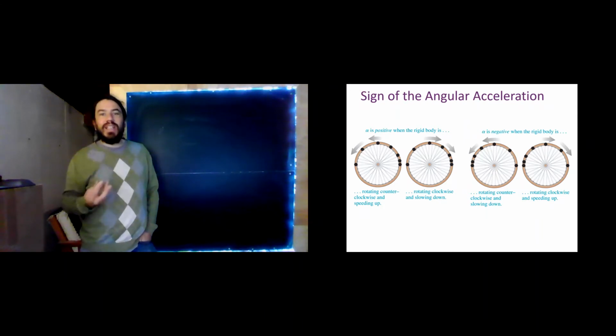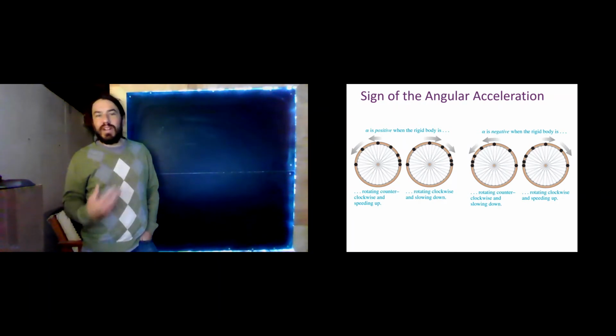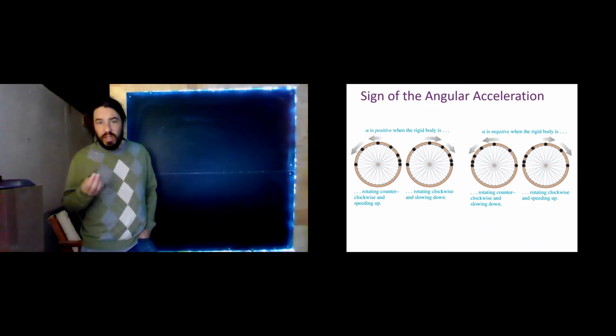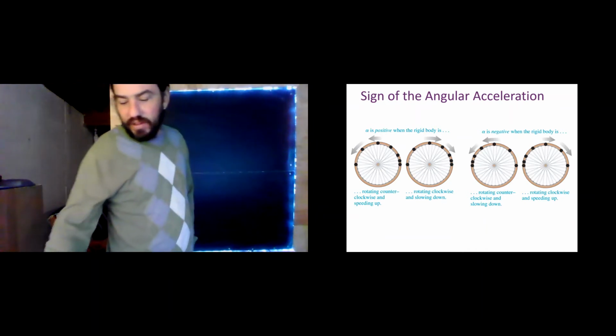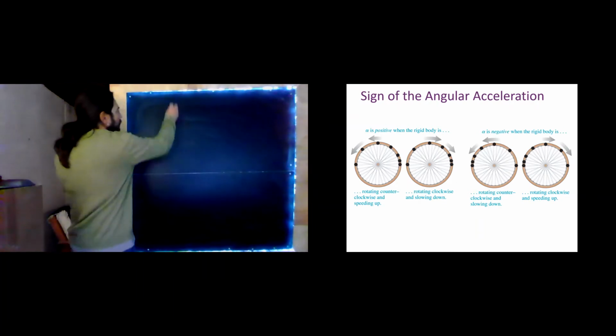In the case of angular acceleration, we use a sort of simplified coordinate system where we define things in terms of clockwise and counterclockwise. So our standard issue here is that a counterclockwise rotation is positive. That's a little bit surprising, I guess, but you've seen this convention before most likely, right?